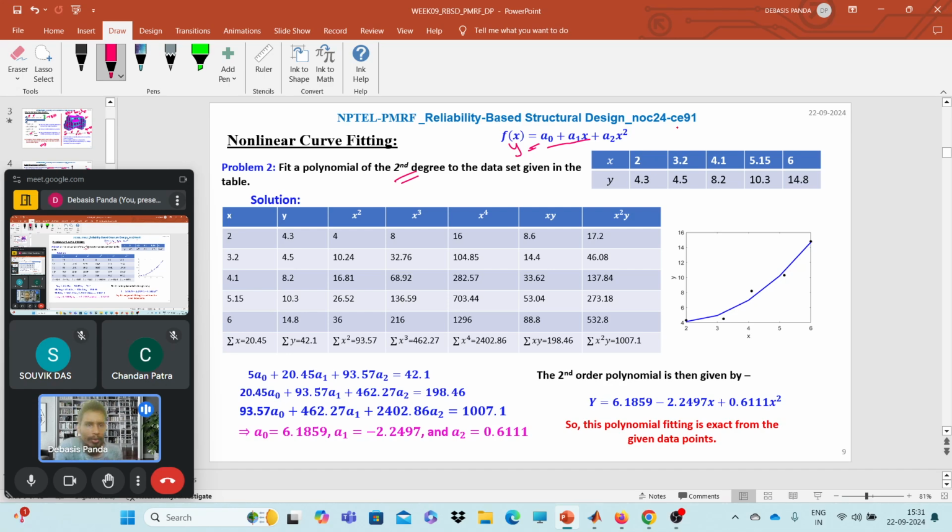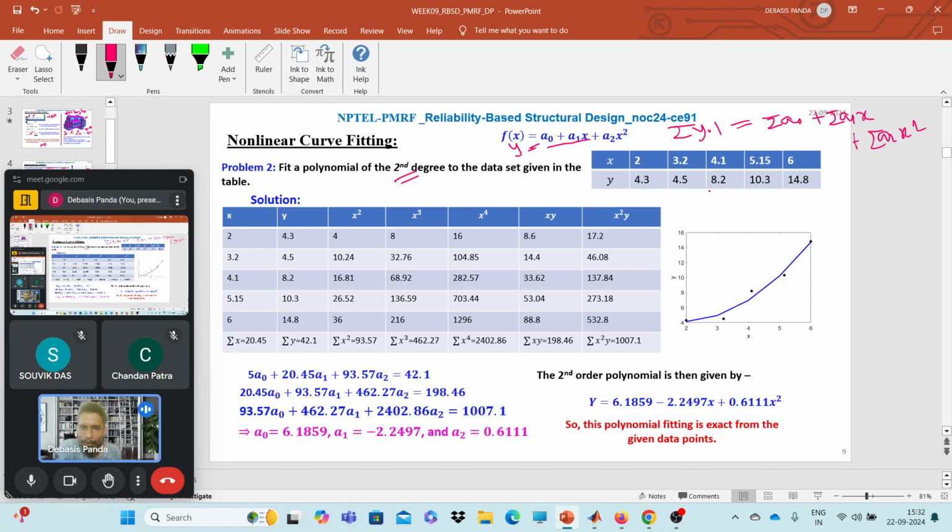Now, the first equation will be summation of y into 1, the coefficient of a naught, and sum them up is equal to summation of a naught plus summation of a1 x plus summation of a2 x square. Just multiply it with 1, that means we have the coefficient of a0 is 1.